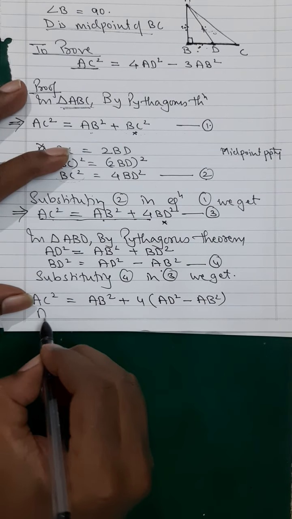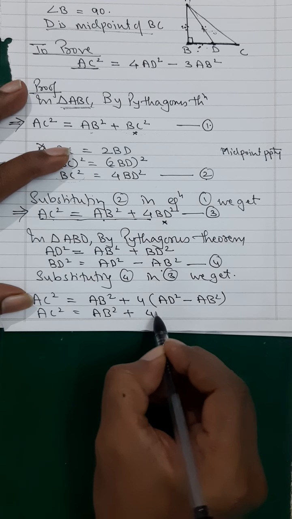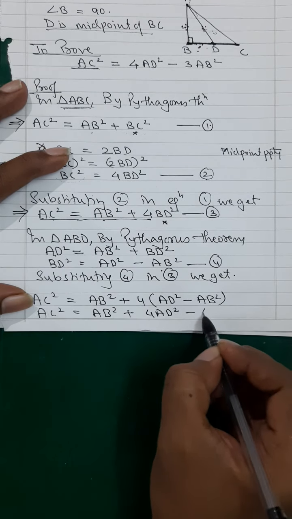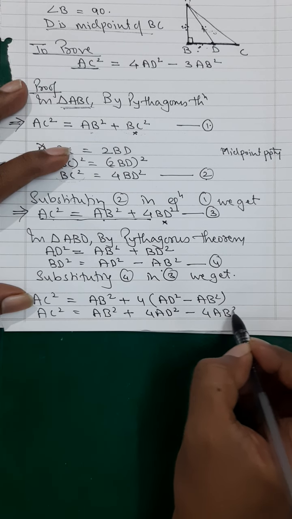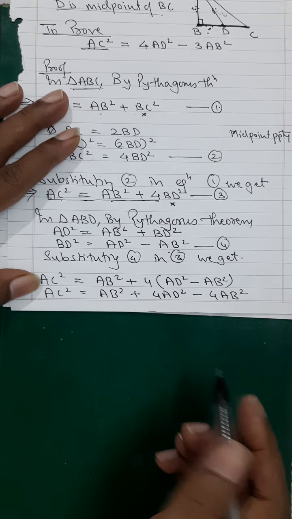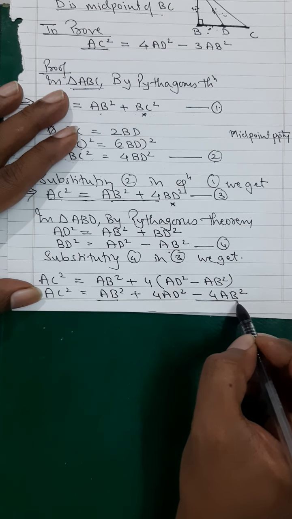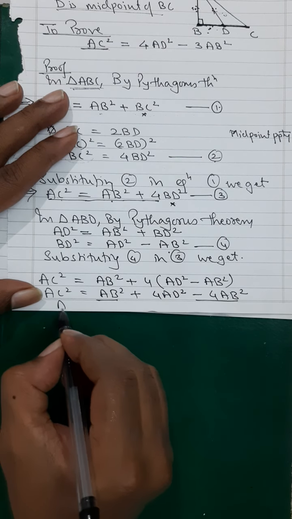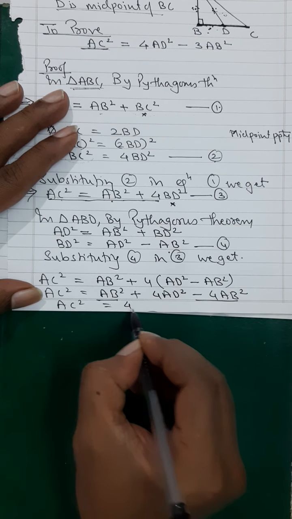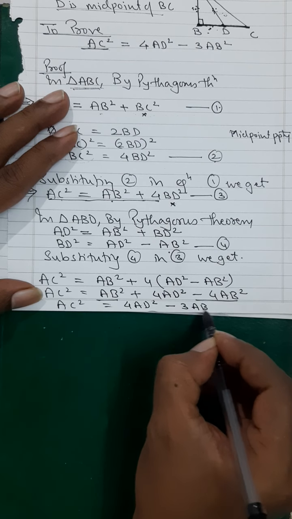Now this will open. AC square is equal to AB square plus 4AD square minus 4AB square. Now if you solve this, I think you have reached. AB square minus 4AB square will give minus 3AB square. So AC square is equal to 4AD square minus 3AB square.